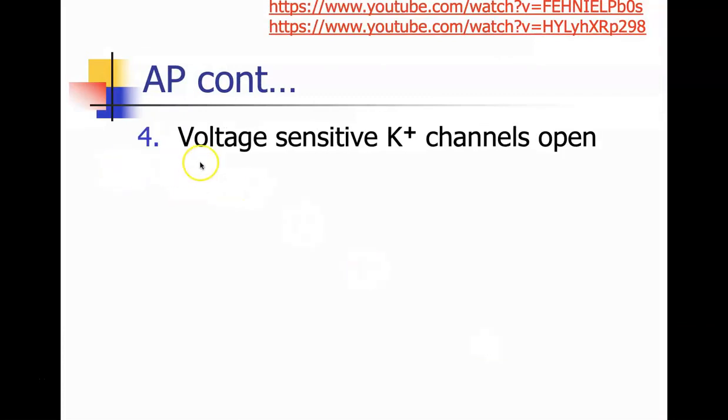Around the same time as the sodium channels closing, voltage-sensitive potassium channels open. It's actually the same voltage that triggers the sodium channels to open, but the potassium channels are just slower. So they take a little bit longer to open. But when they do, potassium rushes out of the cell, because at rest you have a high amount of potassium inside the cell and a low amount outside.